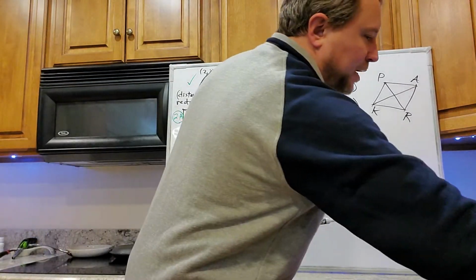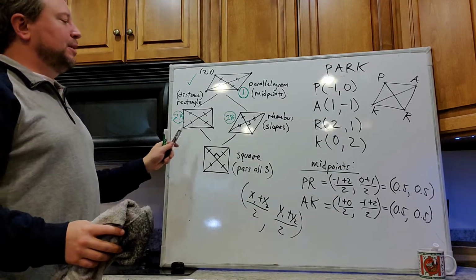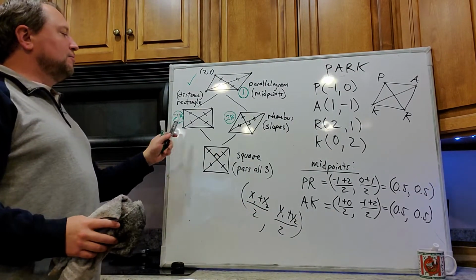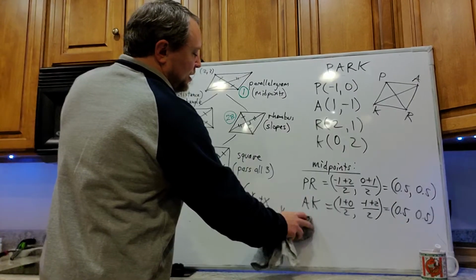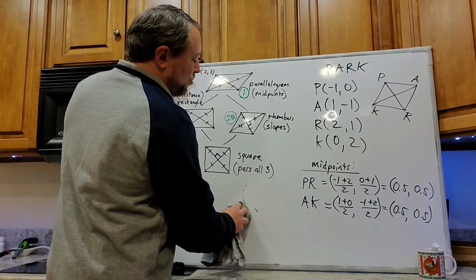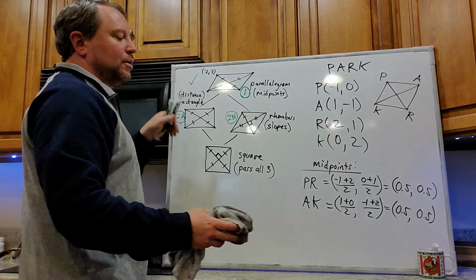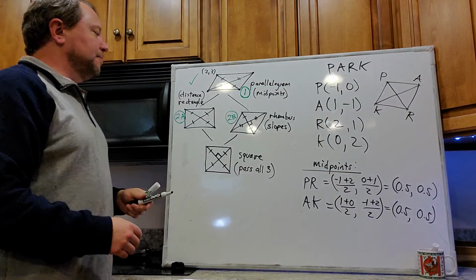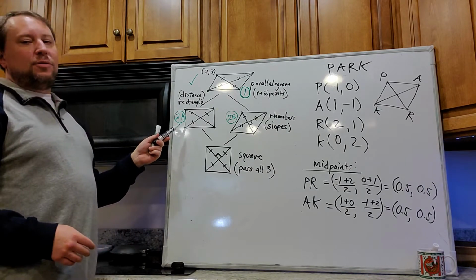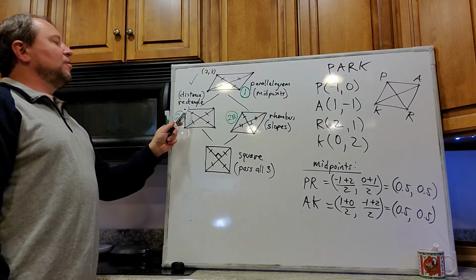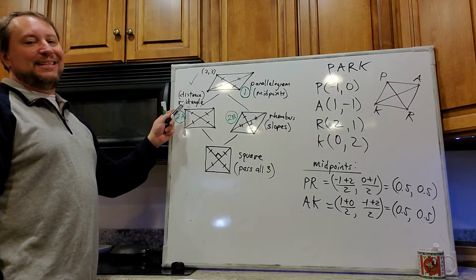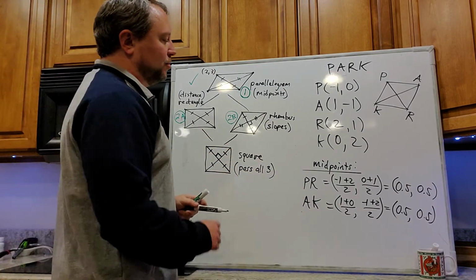All right, so my next step then is to go down and do one of these two tests. Now, I call them 2A and 2B because you can do them in either order. Okay, so they're both step 2s. They're both the second test you should do, but I don't care what order you do them in. I'm just going to go ahead and do 2A first. So in this one now, for a rectangle, if I want to see if it is a rectangle, I check the distance of the diagonals.